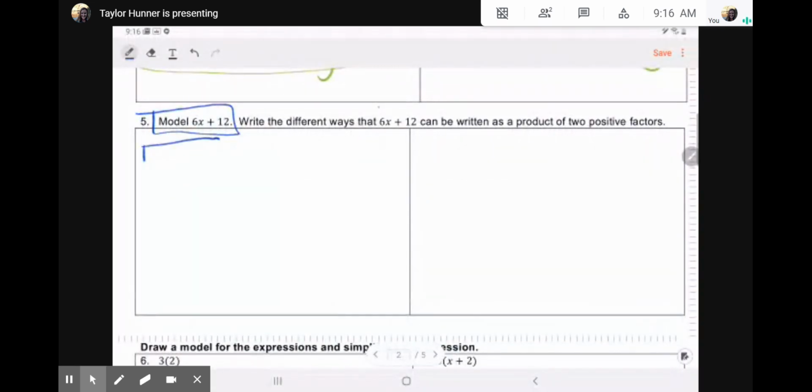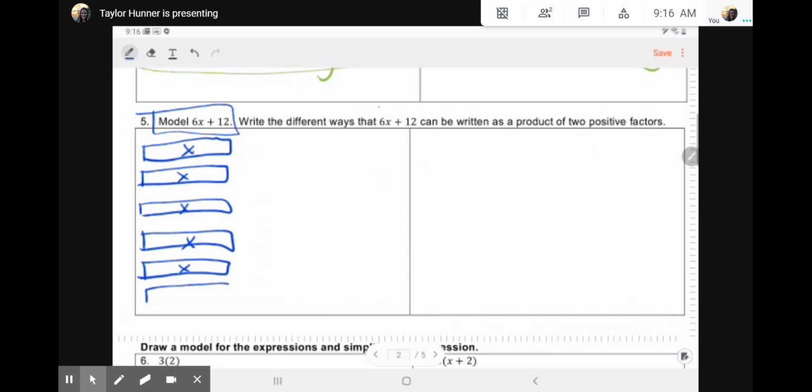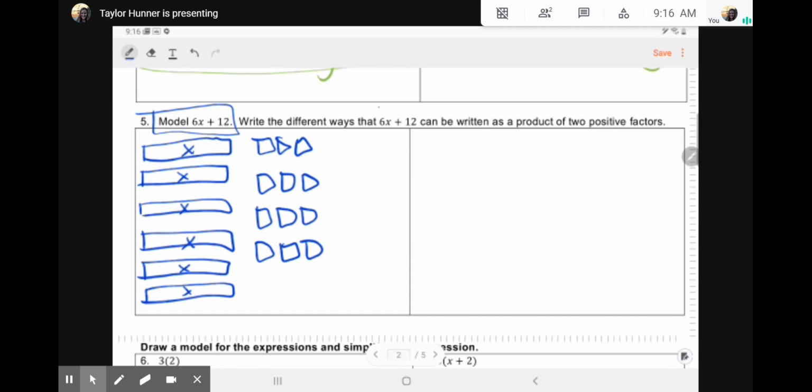So I'm just going to go ahead and draw exactly that. 6x's, 3, 4, 5, 6, and then 12 positive ones. So there's my 6x plus 12. And then it also says write the different ways that 6x plus 12 can be written as a product of two positive factors.